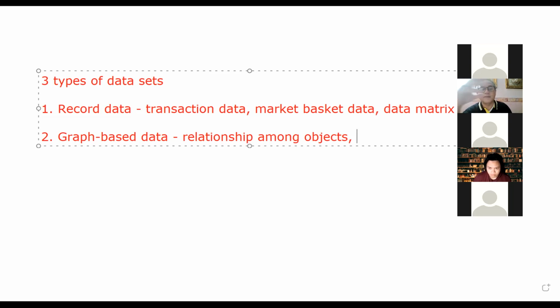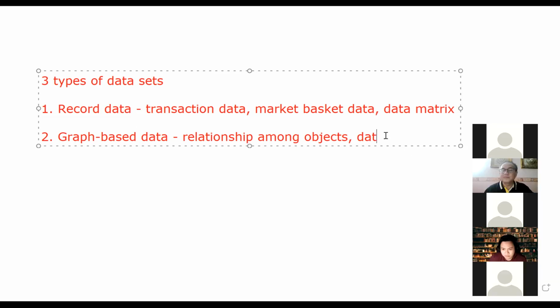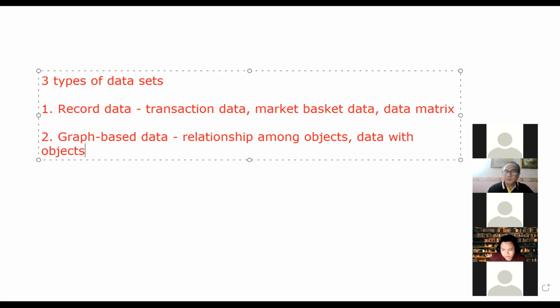It's not record data, but data that have relationship among objects. The other one is data with objects which are graphs.